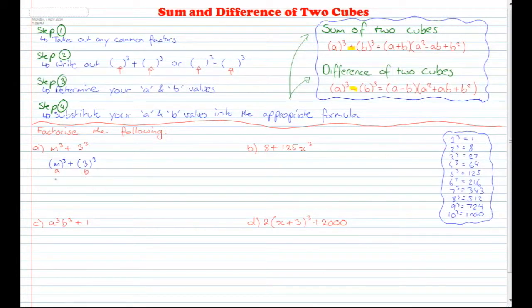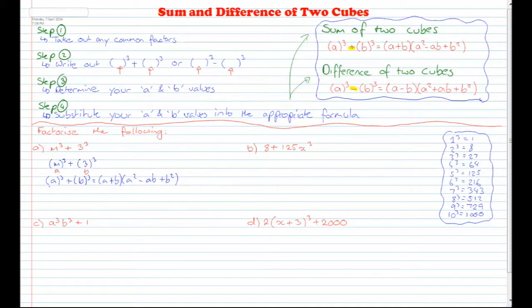Let's write out the formula now. So we have a cubed plus b cubed is equal to a plus b, a squared minus ab plus b squared. Go through and do that now by substituting in our a and our b value.